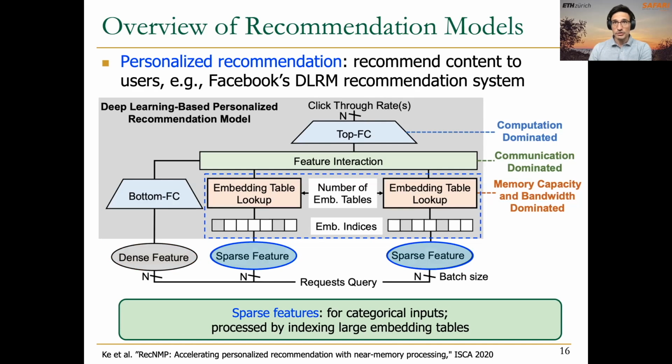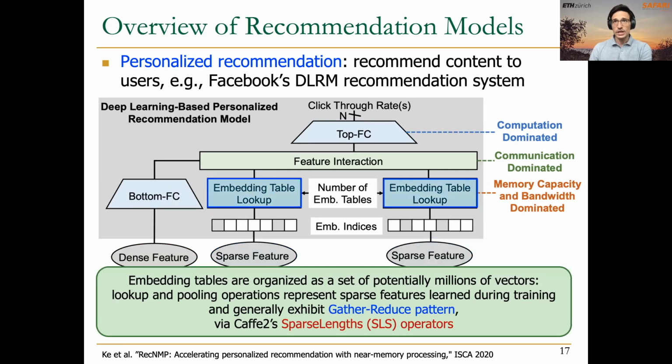For sparse features, these are for categorical inputs, and they are processed by indexing large embedding tables. So these embedding tables will reside in memory. They have millions of vectors, and lookup and pooling operations are necessary to extract the representative sparse features that are learned during training.